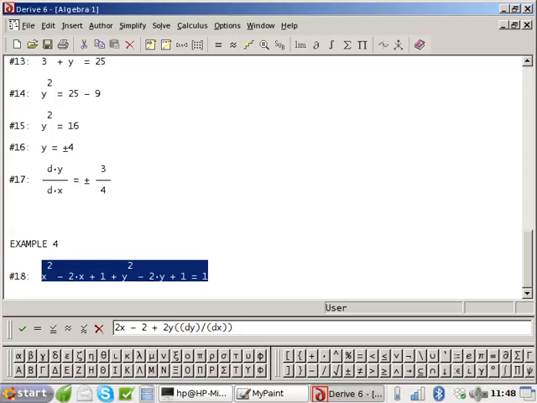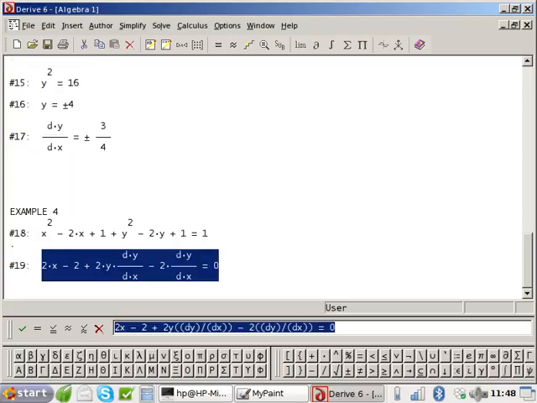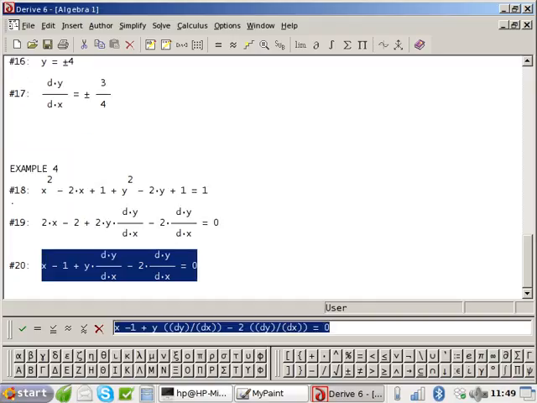Derivative of minus 2y, minus 2 dy dx, plus 0 equals 0. So you should have this. What's in common here? 2, isn't it? So let's cancel by 2. X minus 1 plus y dy dx minus 2 dy dx equals 0.